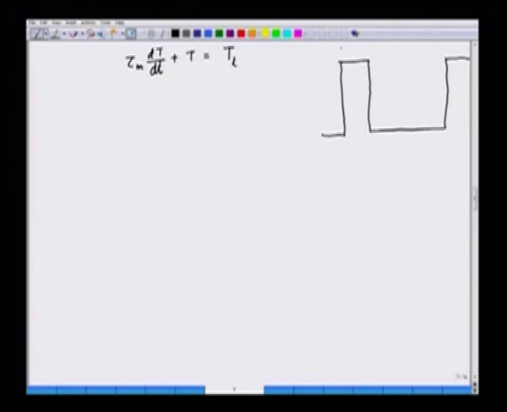So if this is TLH and this is TLL, and this time is TH and this time is TL, we will start our coordinates from this.